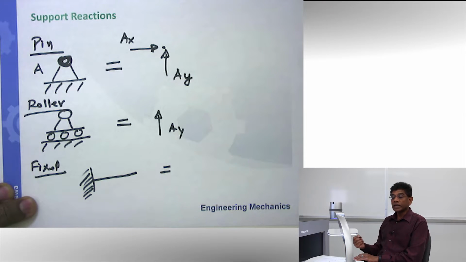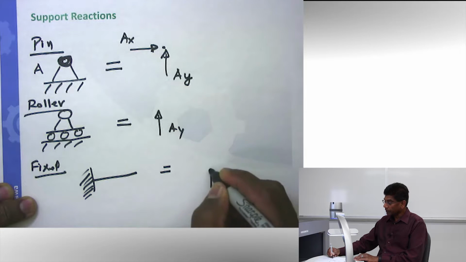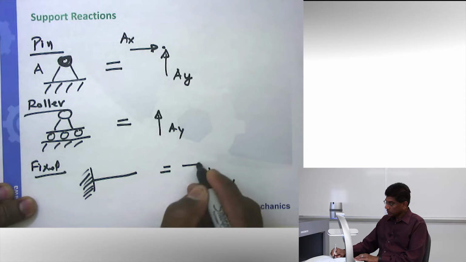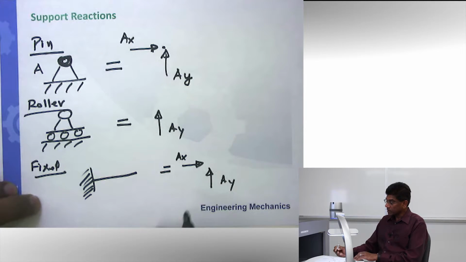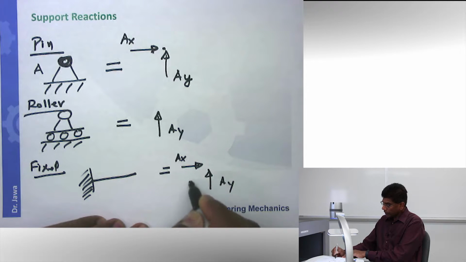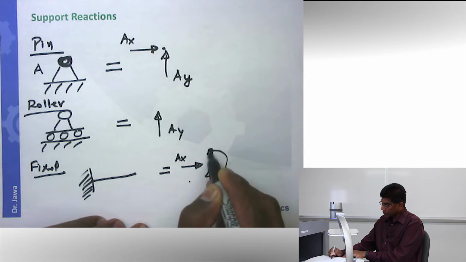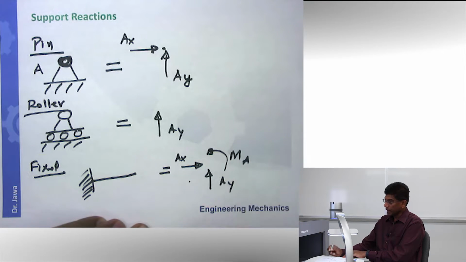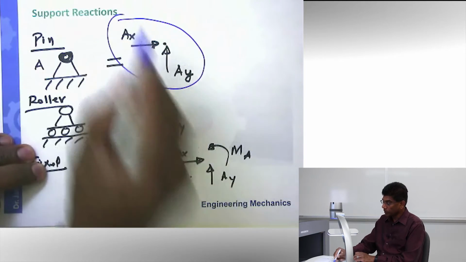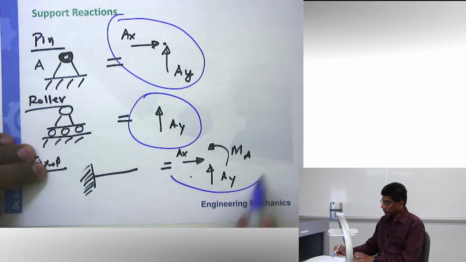Therefore, it will give you three support reactions: a support reaction along Y-axis, a support reaction along X-axis, and finally, it eliminates the rotation, and that can be represented like M sub A. That's a coupled moment. All right? So these are all popular supports that I want to make sure you understand. So pin support, roller support, fixed support.